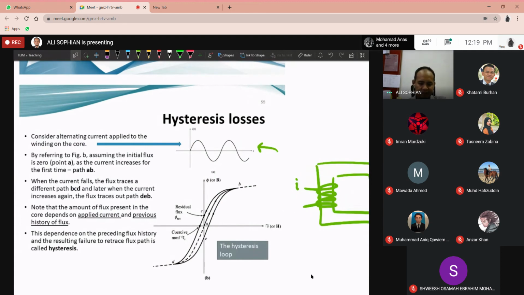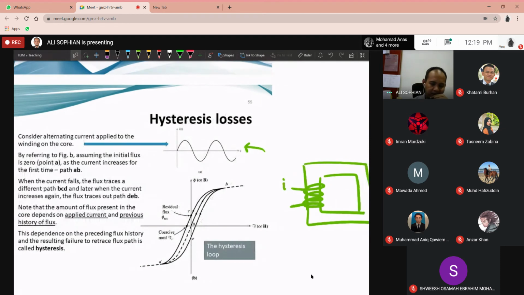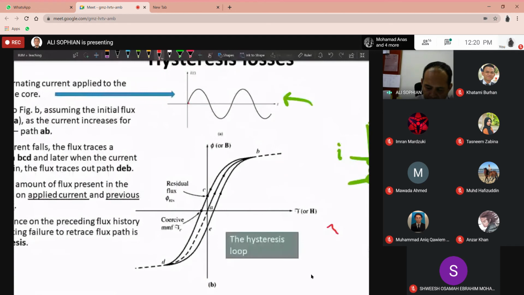So what will happen? Remember that a magnetic field will be induced, with the direction actually fluctuating. If you look at the plot here, as the current is increasing, the MMF, which is the curly F, is also increasing, because MMF is simply N times I. So as the I is increasing, the MMF is increasing.